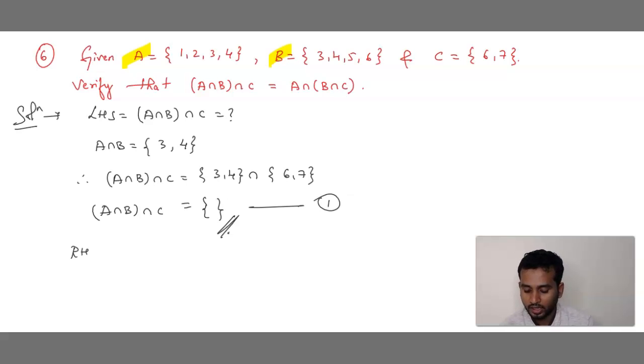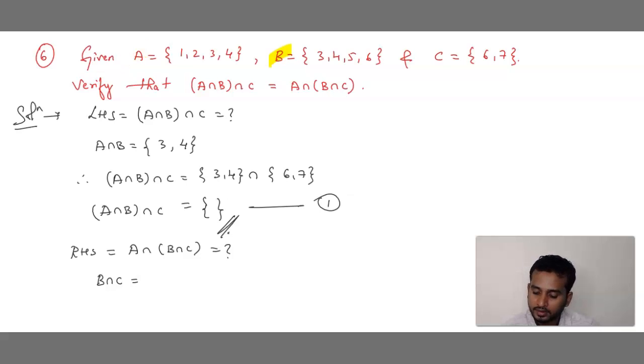Now come back to the RHS part. So what is RHS? A intersection (B intersection C), right? That is what we need to find. Now what can we do here? First we have to find B intersection C. In B and C, what is common? Can we compare B and C?